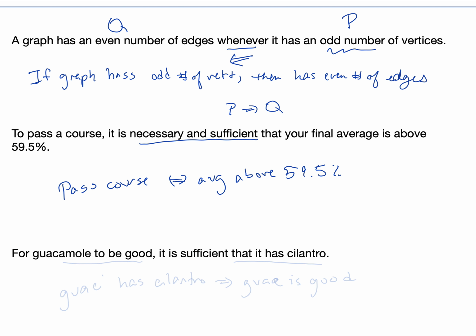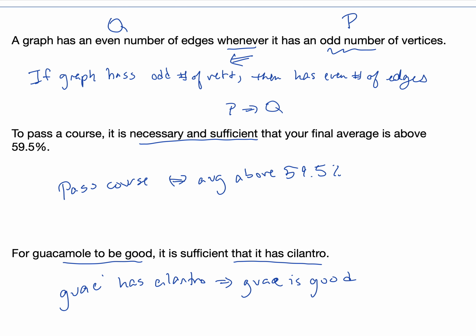For guacamole to be good, it is sufficient that it has cilantro. This is saying as long as it has cilantro, then it will be good. So it is sufficient to have cilantro to be good. So in other words, this is guac has cilantro implies guac is good.